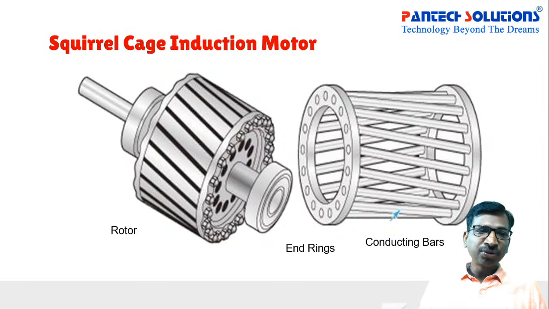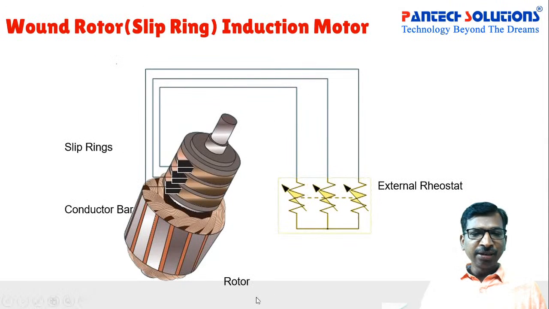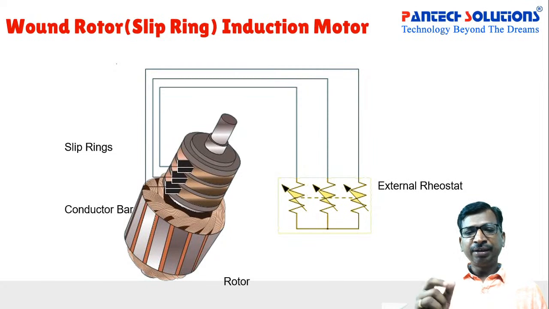But in the case of wound rotor types, instead of end rings, here the slip ring will be there. That slip ring we have to connect externally with the rheostat. By changing the rheostat position, we can adjust the speed.